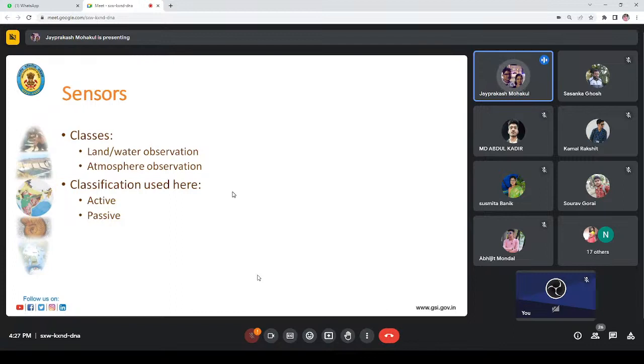And of course, it is also classified based on whether the sensors are active or passive, right? Active sensors are basically sensors which have their own source of energy. Normally, microwave sensors could be active. Even infrared sensors could also be active. Like you have the light detection and ranging, LiDAR.